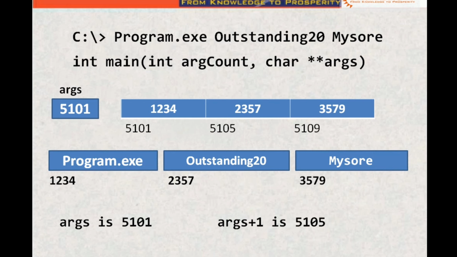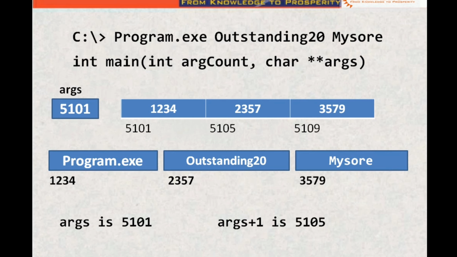Another application of pointers is the command line arguments. When we write int main parenthesis int arg count comma char star star args, what is args here? It is simply a pointer.